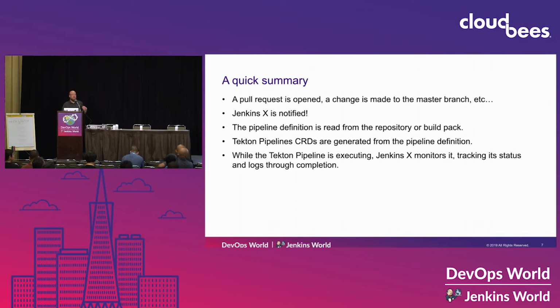Jenkins X then takes a look at the repository that it's been asked to build, looks to see if there's a pipeline definition in there or what build pack it should use, and I will explain this in more detail in a little bit. We generate the CRDs, custom resource definitions, it's Kubernetes lingo, for the Tekton pipelines, and Tekton handles the actual execution. While the actual pipeline is executing, Jenkins X monitors it, tracking its status, logging through completion, et cetera. And I'll go into a little more detail on some of those things later.